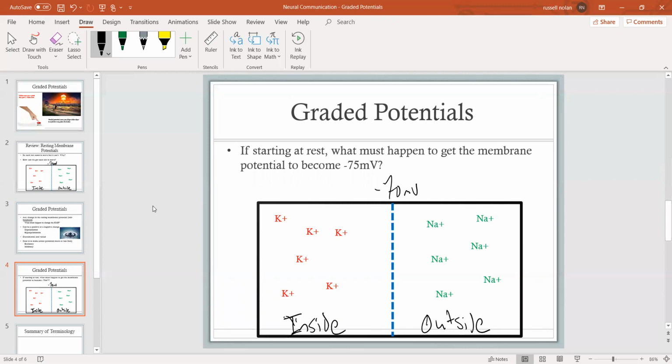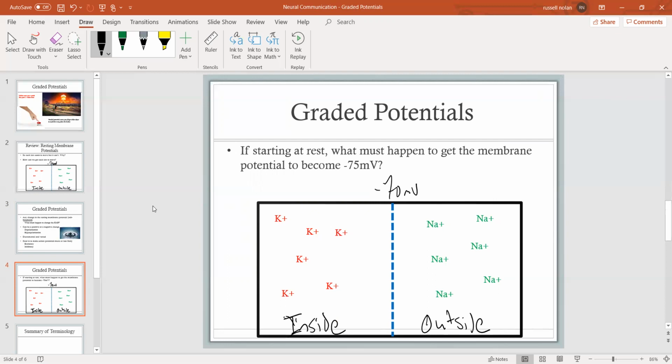Let's assume that each one of these positive ions represents a 1 millivolt change. So I'm asking you to move 5 of these ions. If I want you to go from -70 to -75, which 5 ions are you going to move? Are you going to move 5 potassium ions from the inside to the outside, or are you going to move 5 sodium ions from the outside to the inside?